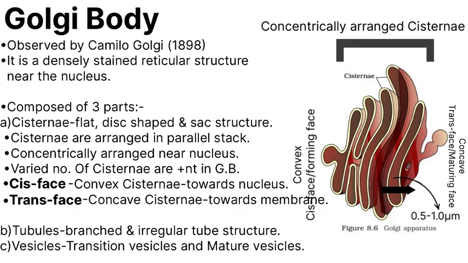Now you can see there are two different faces of the cisternae. One is the convex surface of cisternae, which is towards the nucleus, which is called the cis face, or you can also say the forming face.